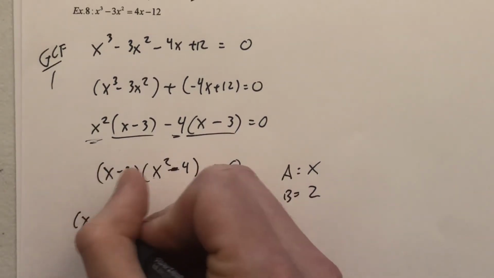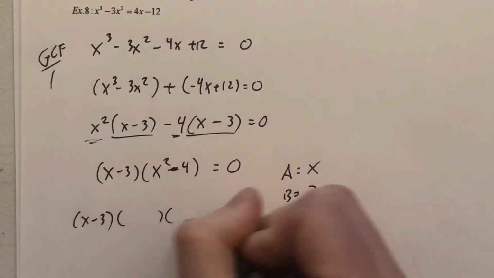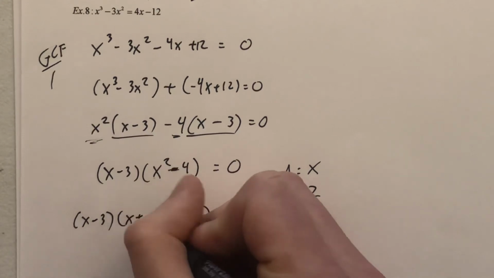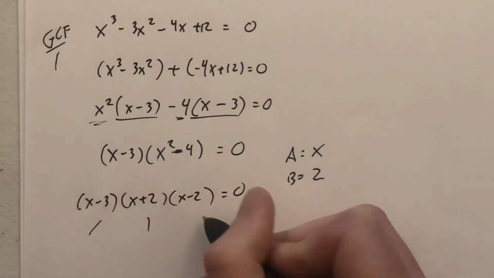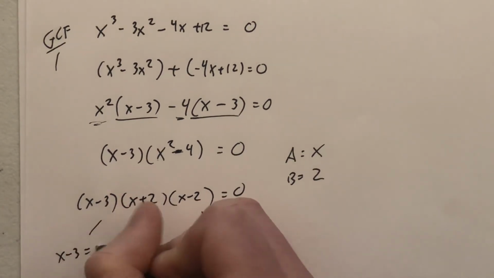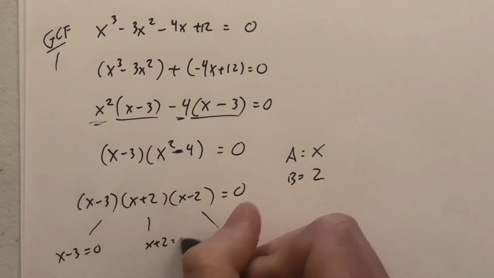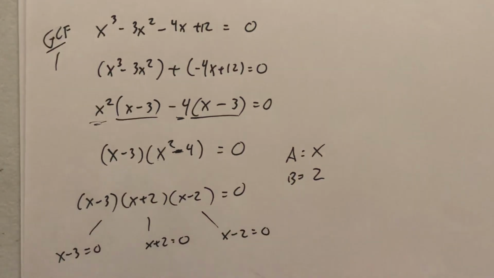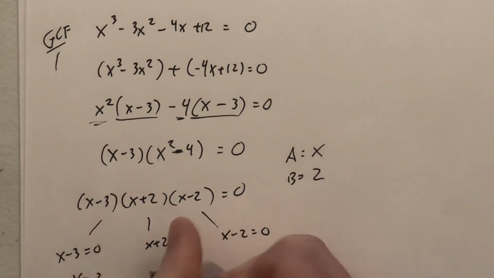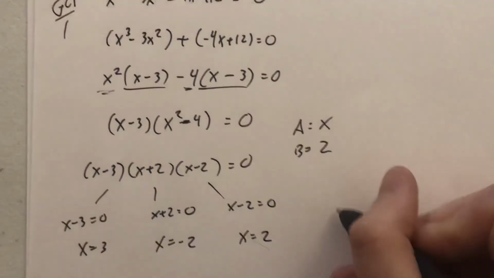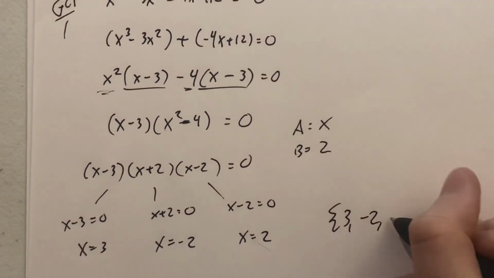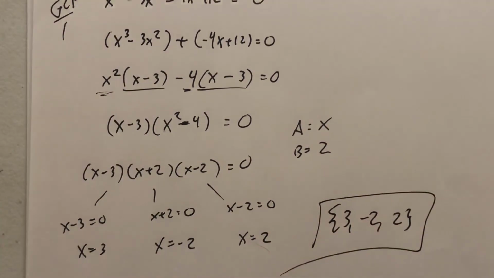So you still have x minus 3 sitting out front there, but that breaks down with our difference of squares to x plus 2 times x minus 2. And so we again have 3 different linear equations that we can create by setting those factors equal to 0, giving us 3, -2, and +2, all as possible solutions to our equation.